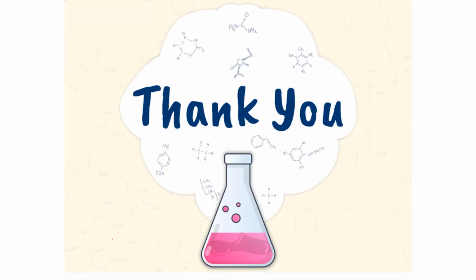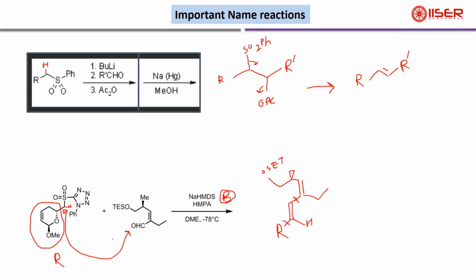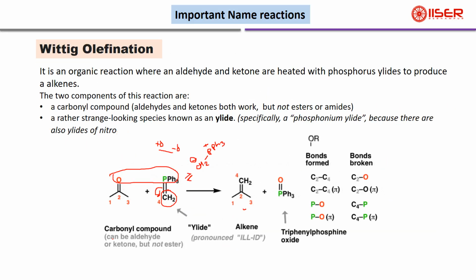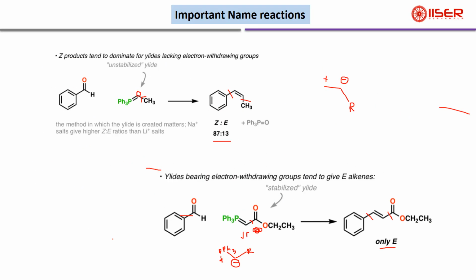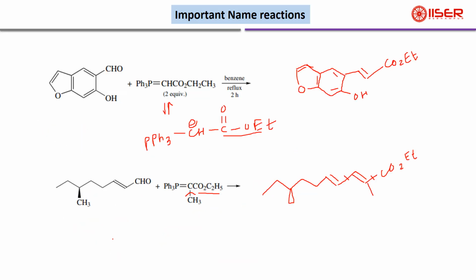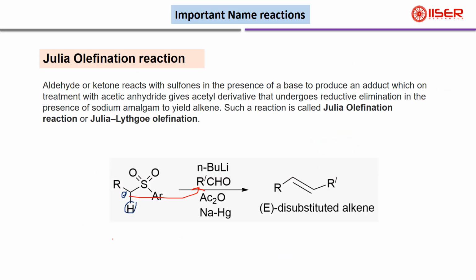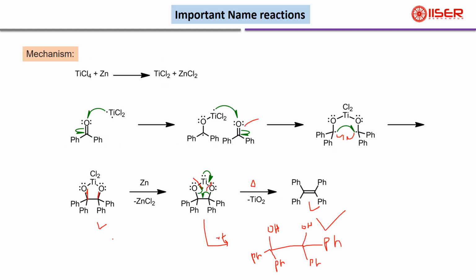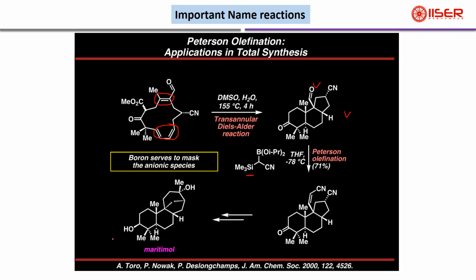I'll just give an overview of what I have discussed today. We started with the olefination reactions. We have discussed all the olefinations: Wittig, Peterson, Julia, Tebbe, McMurry. Then we moved to reactions of olefins, Corey-Chaykovsky reaction and Simmons-Smith reaction.